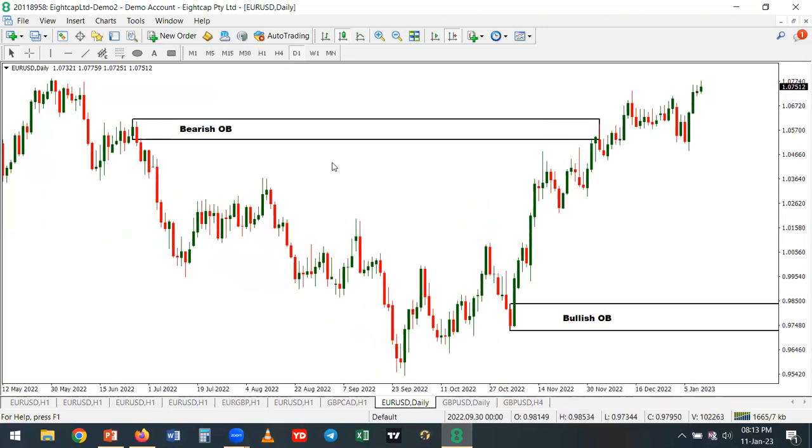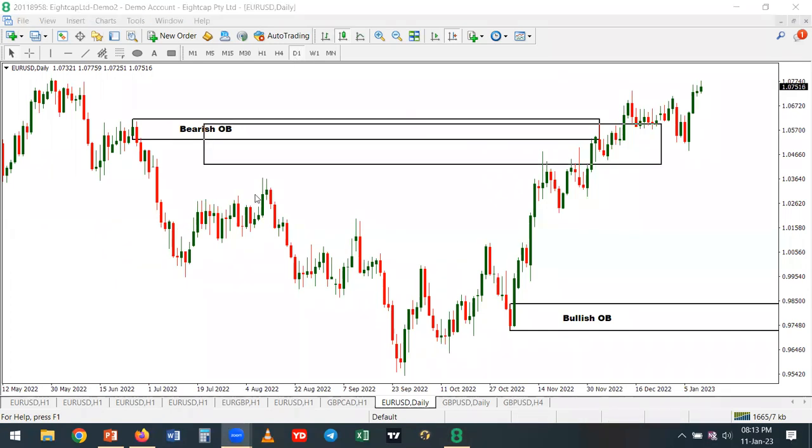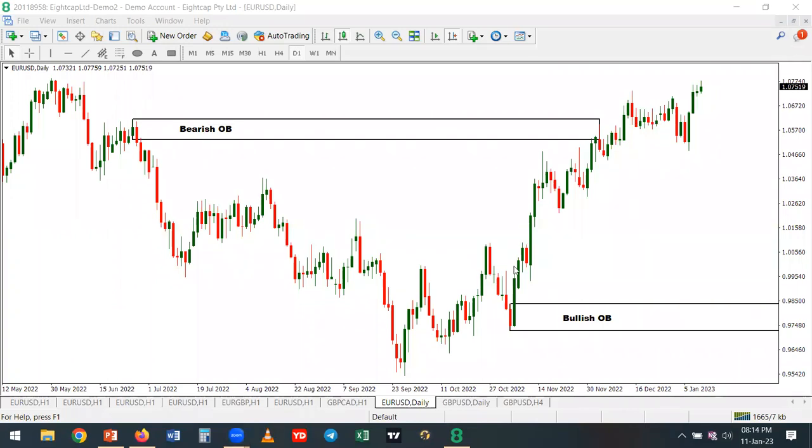Now, if you're looking at this chart here, we can see exactly that there was an impulsive move from here down here. But before this move was engineered, there was a bullish candle.